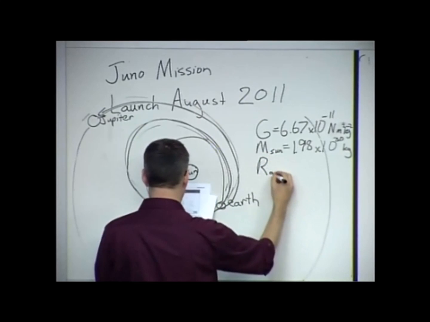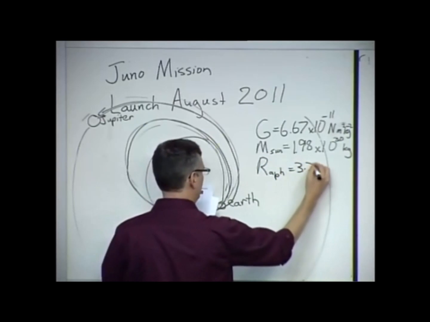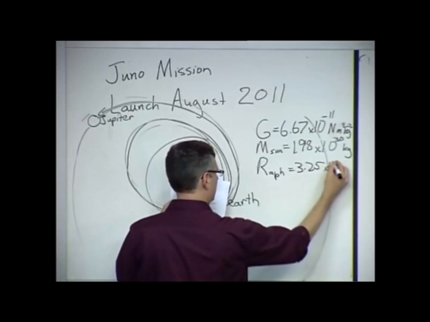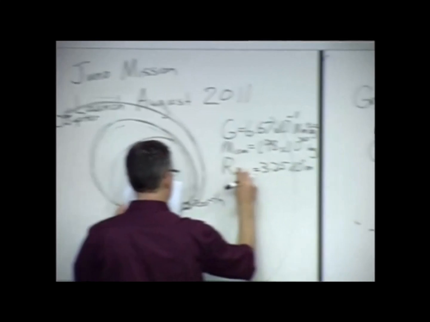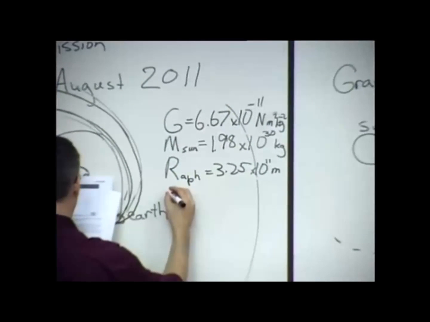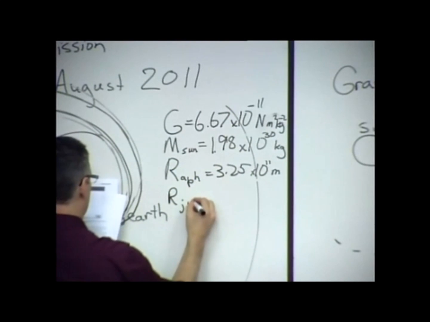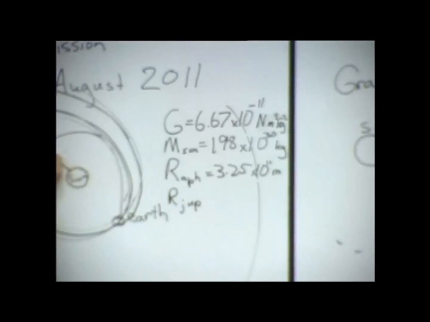Not quite cubed. 3.25 times 10 to the 11th meters is our Jupiter. That's the aphelion of this orbit.